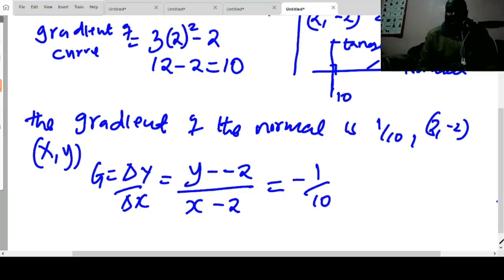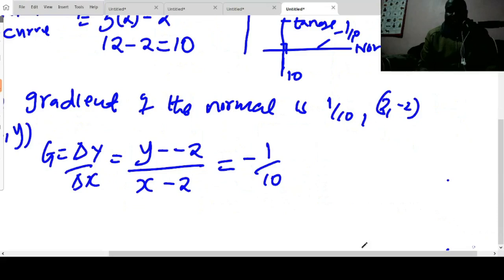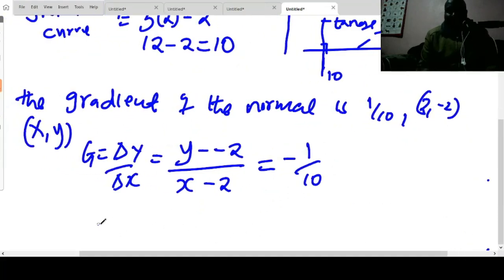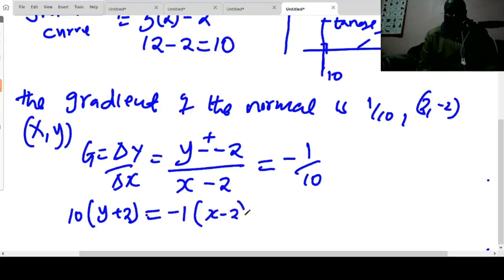Now from here, we cross multiply. But remember that a negative times a negative here becomes positive. So we will have 10 into y plus 2, which is equal to negative 1 into x minus 2.